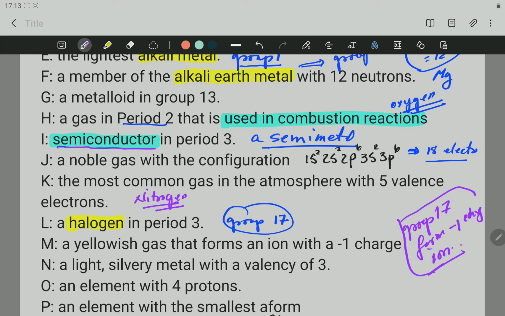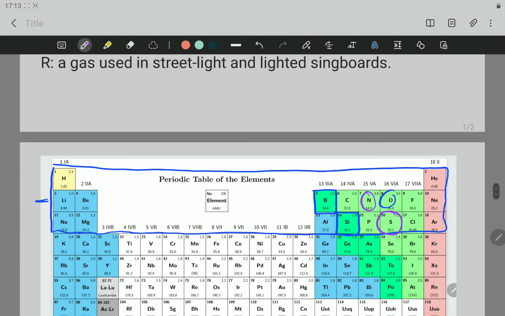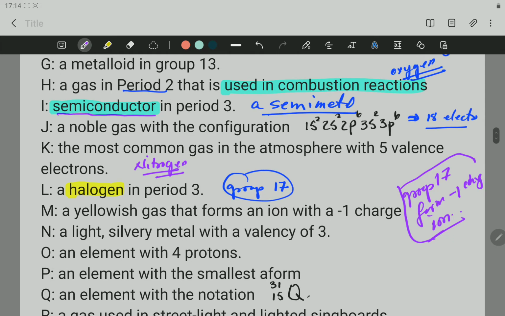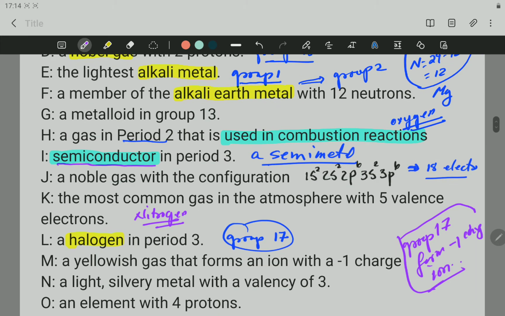Now, a yellowish gas that forms an ion with a 1 negative charge. If you go here, you have fluorine and chlorine. Chlorine is not a gas. So the only gas here is fluorine. Chlorine is a gas, but it's not yellowish. So we're talking about fluorine, that is M, and we're going to write it here. That is M. Moving on, we almost finished.